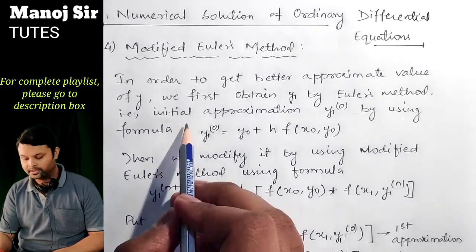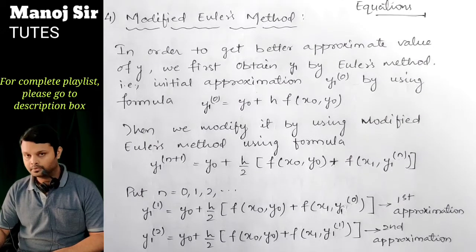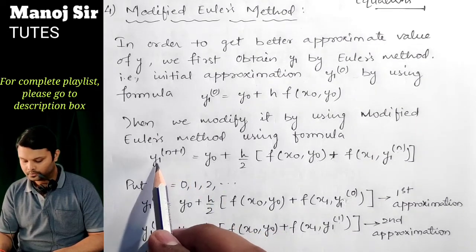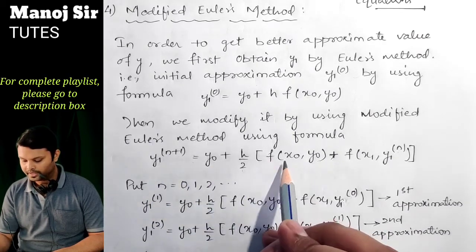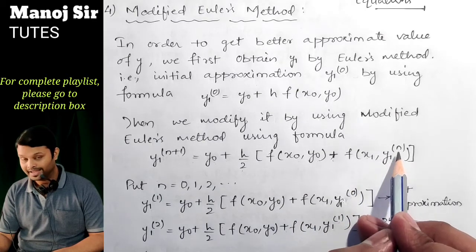Now, after finding the initial approximation, we will find the first approximation by the help of modified Euler's method. The formula is y1 n plus 1 equals y naught plus h upon 2 into f of x naught comma y naught plus f of x1 comma y1 n.